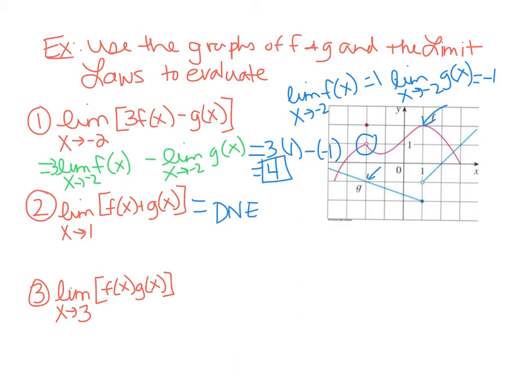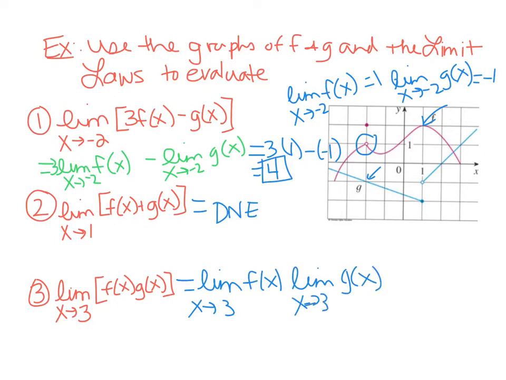All right, number 3, we are going to be multiplying, and I'm just going to multiply 2 limits together. This one is pretty straightforward because there's nothing weird going on at x equals 3.